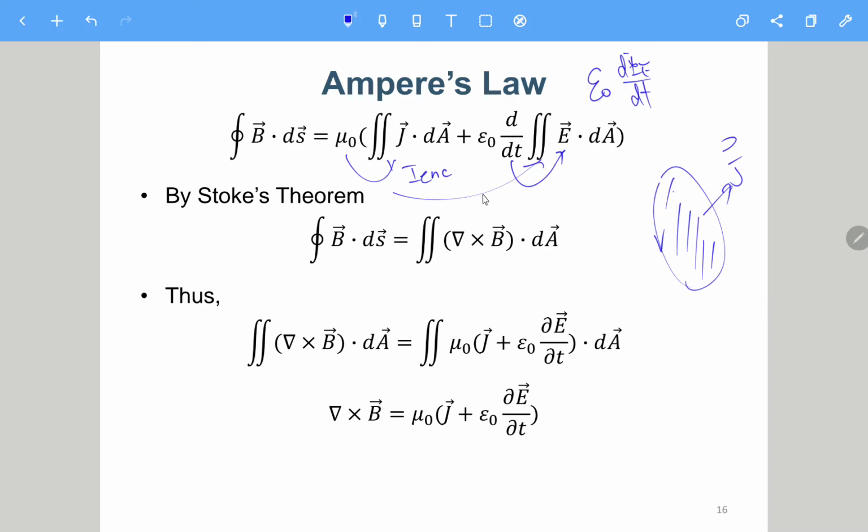Actually this area is the same as this area, so these two integrals can be added together. Finally, this becomes mu naught times the integral of J plus epsilon naught times partial E partial t.